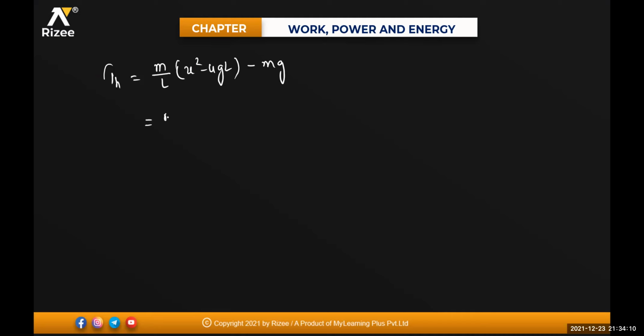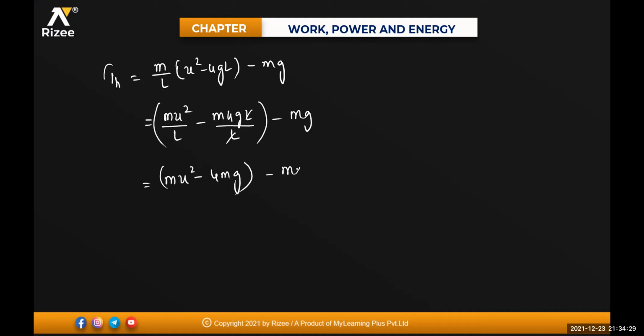So I get m into u square divided by L minus m into 4g into L divided by L minus mg. This L will get cancelled, so this is m into u square minus 4 into mg minus mg.